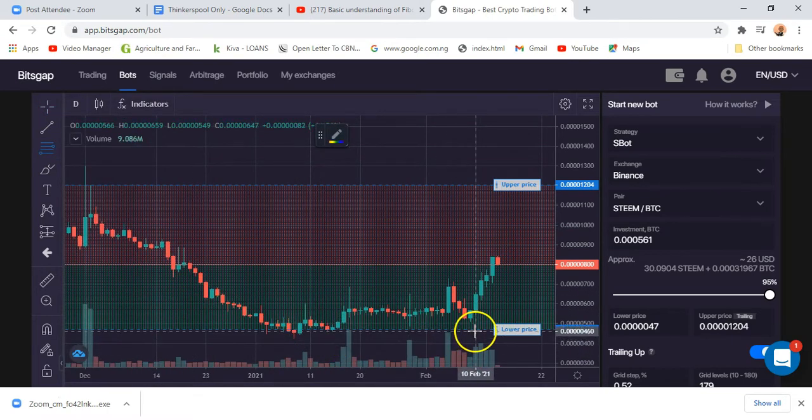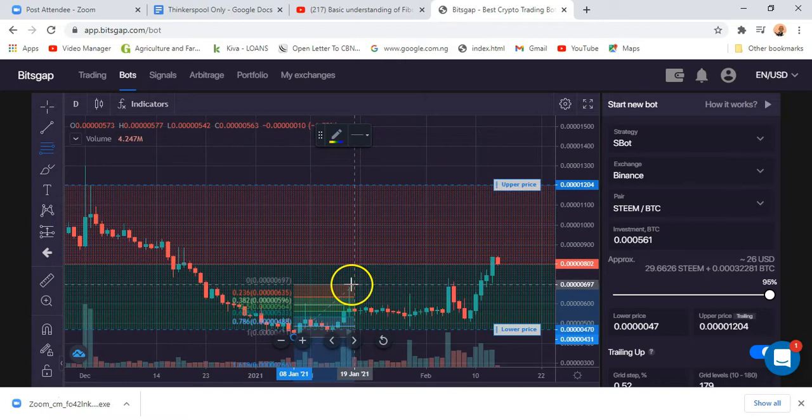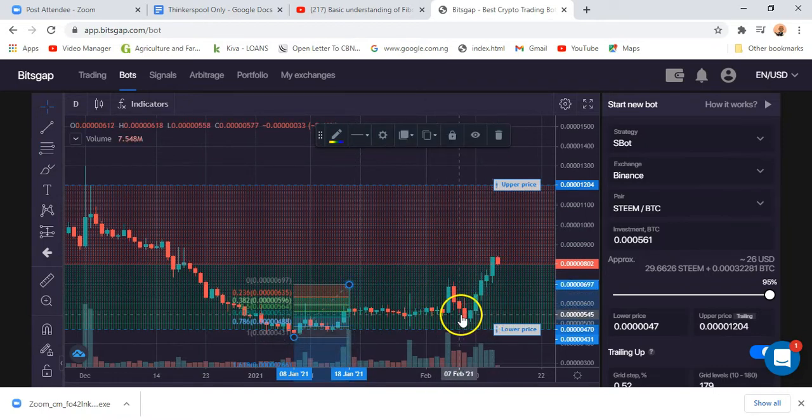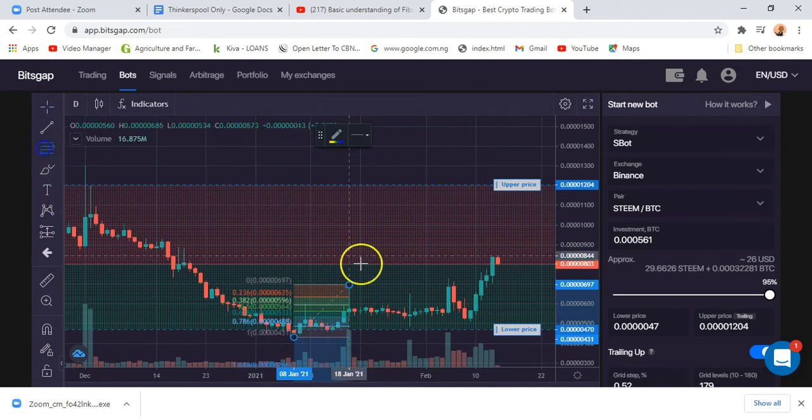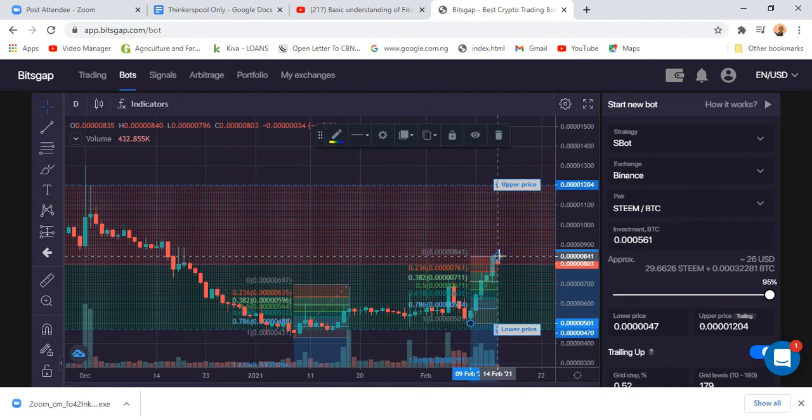Then I'm going to come here. Okay, let's say this is one bottom is here, and this is a top. Then this is another bottom, and this is a top.